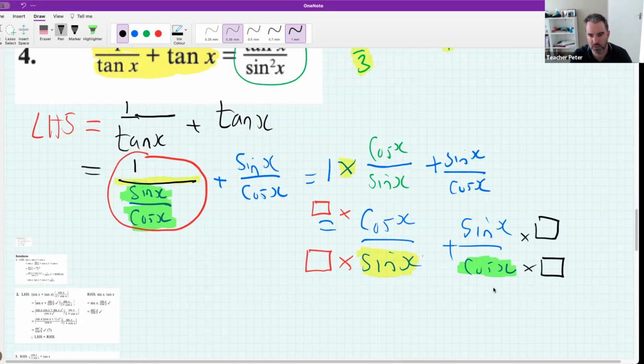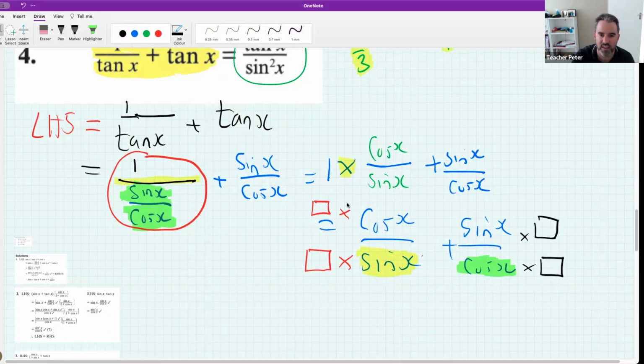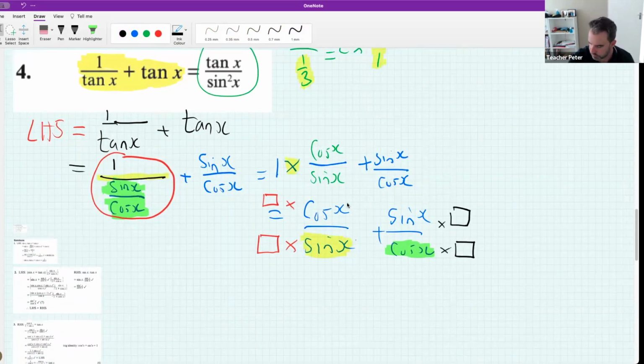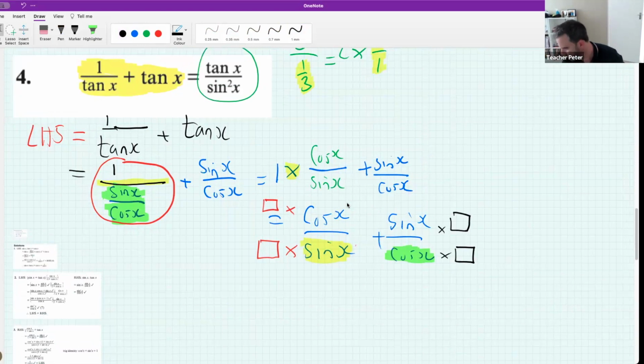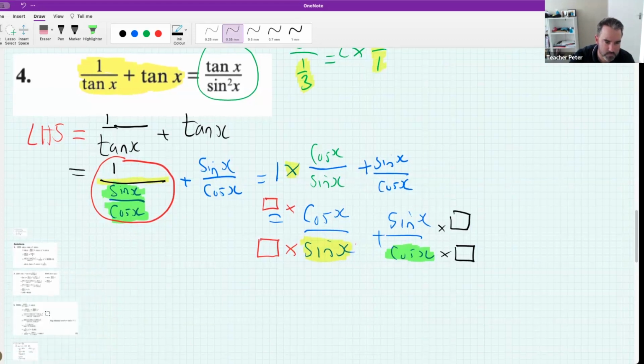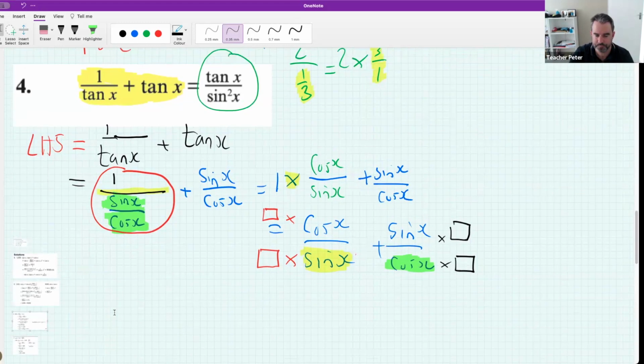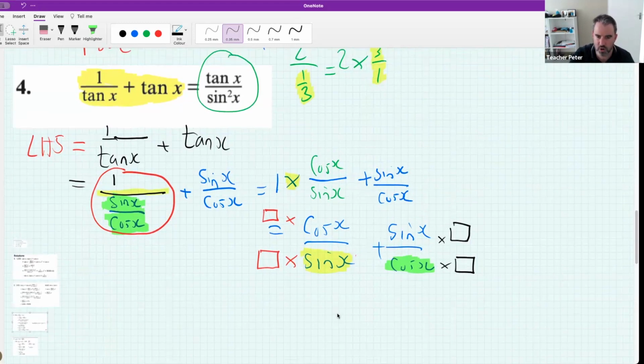What do you think I'm going to put in the black block if my goal is to put these two things together? What do we think is going to go in the red block?